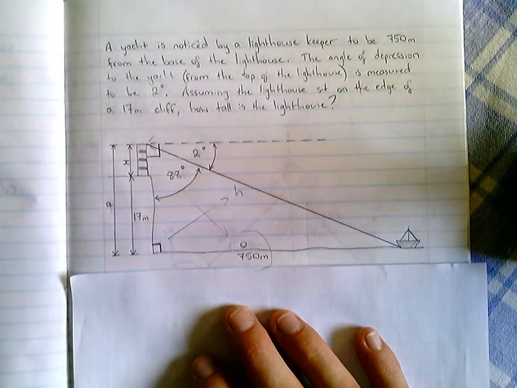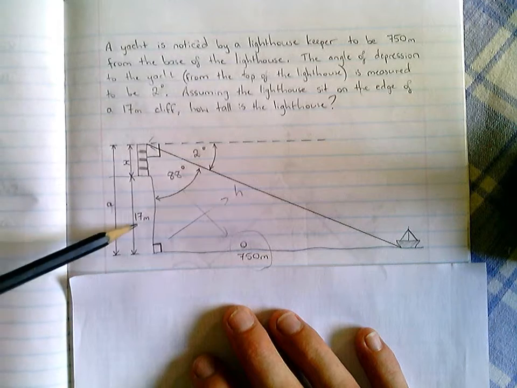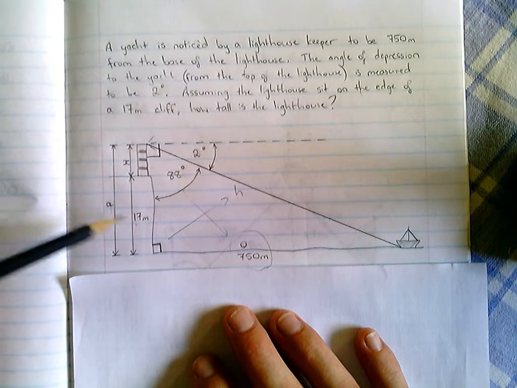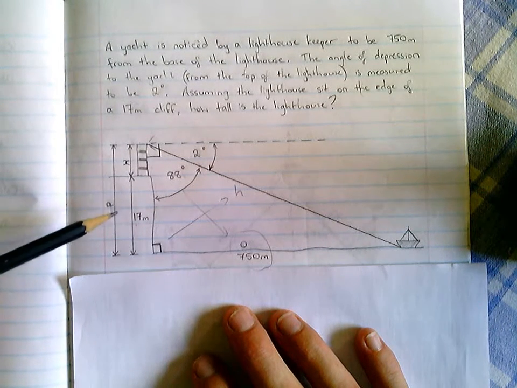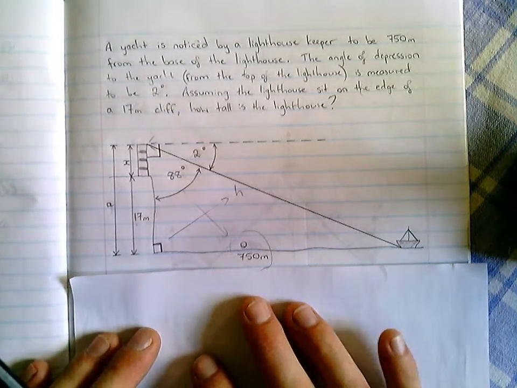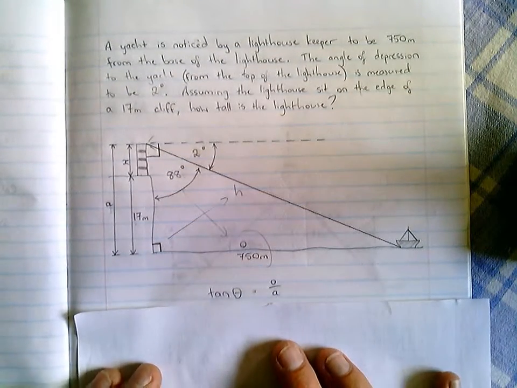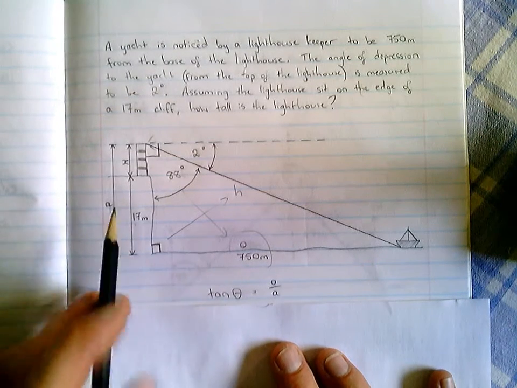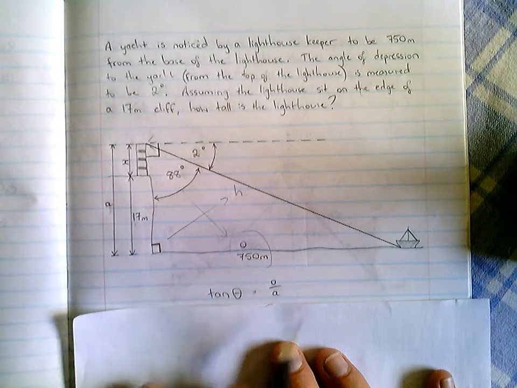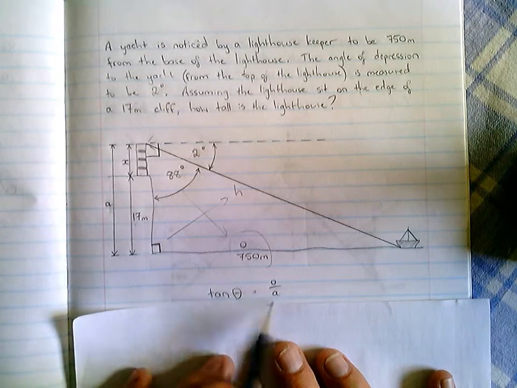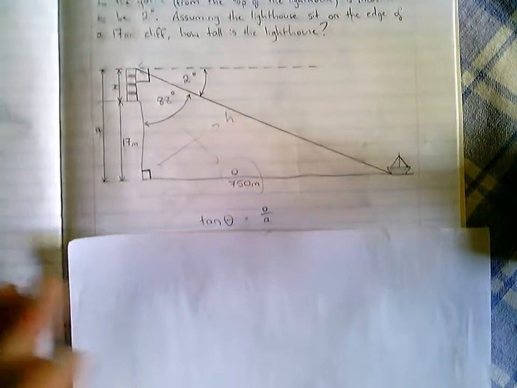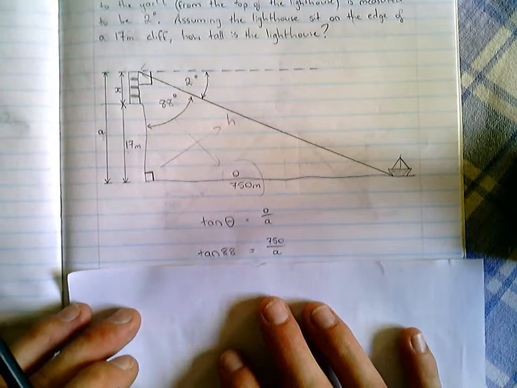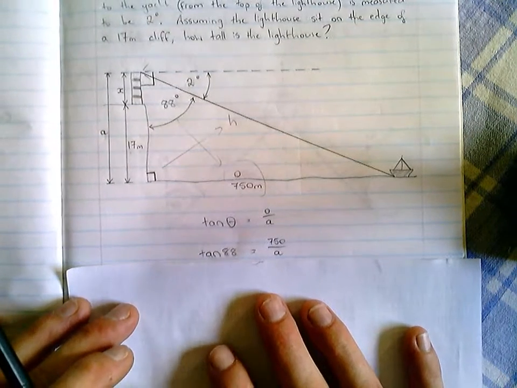Now we note that we've got information for an opposite, and we've also got some information regarding our adjacent. So we are going to express our trigonometric function that utilises the opposite and adjacent side, which is our tangent ratio. Tan theta equals opposite divided by adjacent. And then we substitute in the values that we know from the illustration.